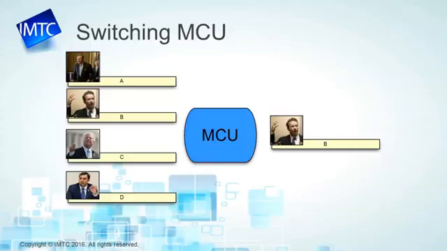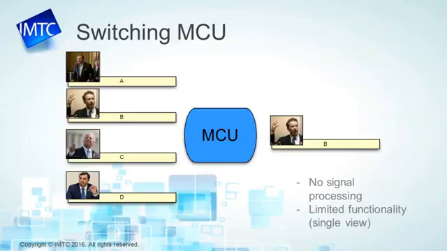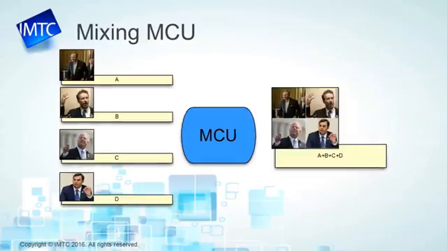In the mixing MCU, you use a trick that's available with some codecs, where you can receive low-resolution images and copy-paste them as components of a larger image without decoding or processing in any shape or form. You can see here that all 4 participants were copy-pasted into a large image. Again, this is very simple, with no signal processing.